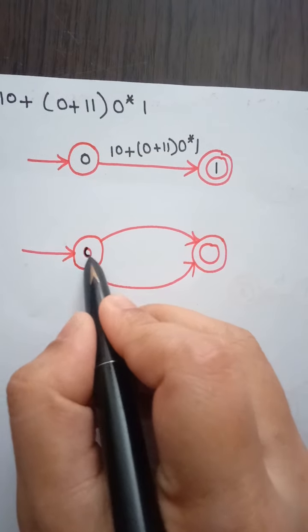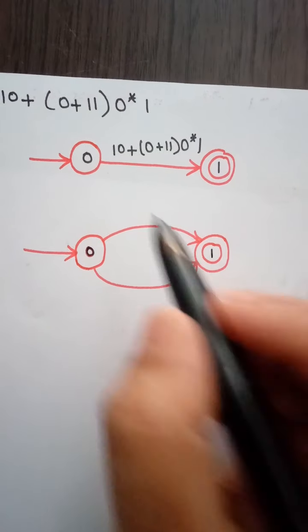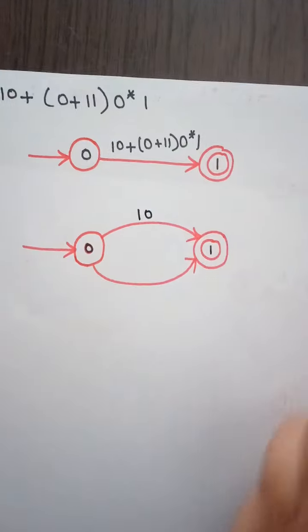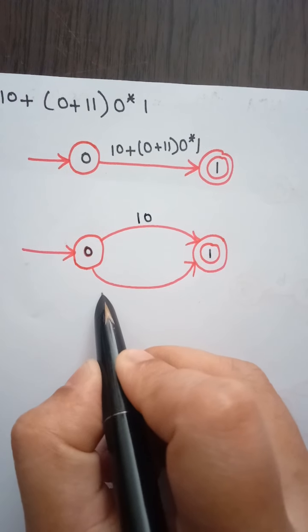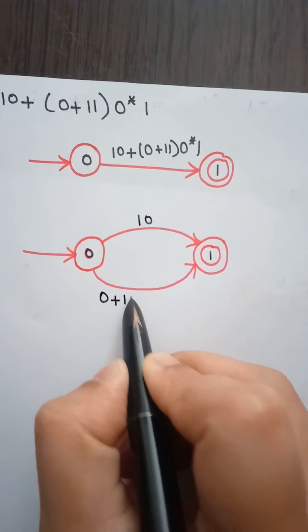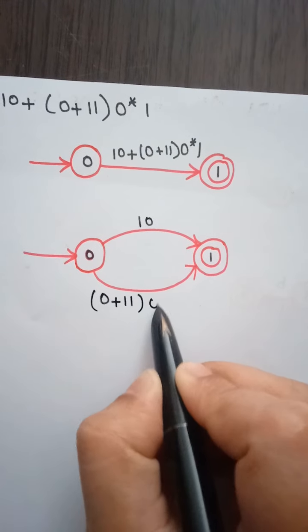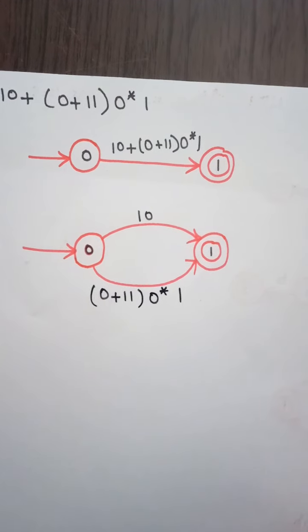This is state 0 and this is state 1. Here the input symbol is 1 0, and here it is (0 + 1 1), 0 closure 1.